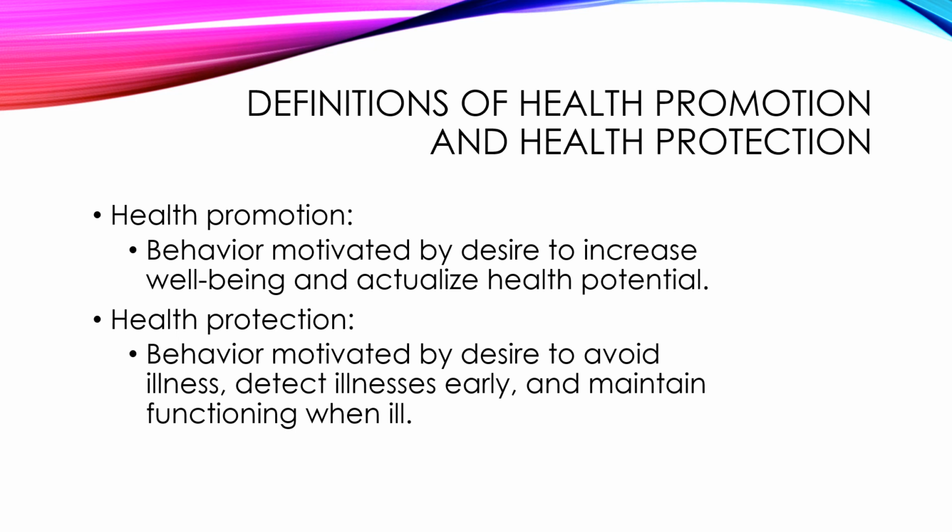Women have exams and mammograms, and maybe we do the colon detection kits. Those are things that if we find things early, we're a lot better off. We can treat them better. We have better outcomes. And then, of course, we want to maintain functioning while they're ill. They may have a chronic disease, but we might be able to help them have a better quality of life by intervening with physical therapy, assistive devices, etc.